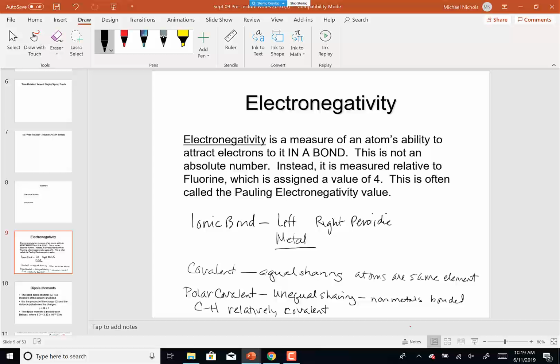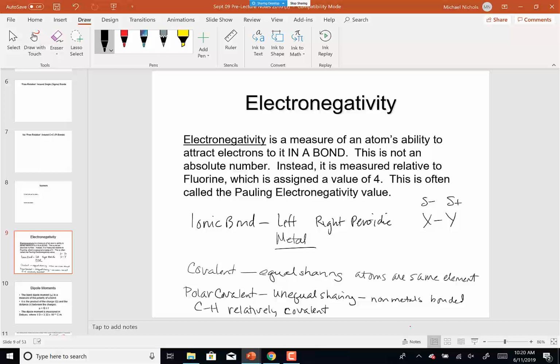So when we look at a bond, if they're not identical atoms, we're going to look on the periodic table and say, okay, X is bonded to Y. If X is more electronegative, it's going to be delta minus. If Y is less electronegative, it's going to be delta plus. So I'm going to use the same delta pluses and minuses as yesterday to indicate which atom the electrons are unequally shared toward.